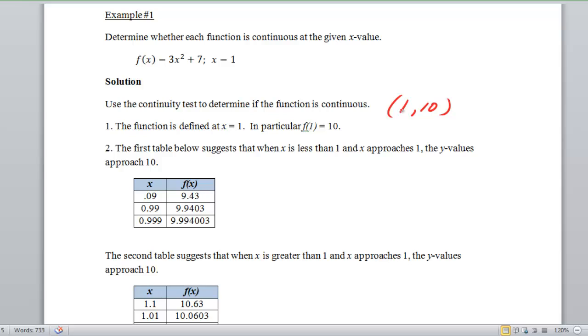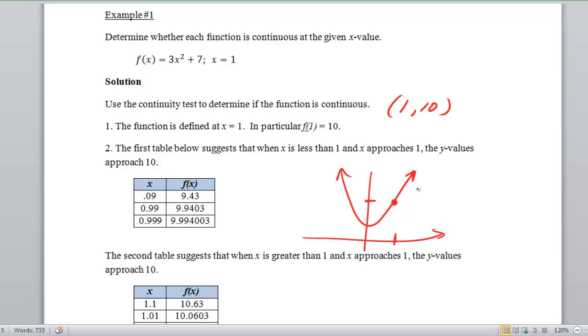Secondly, we have to determine if the function approaches the same y value from both the left and the right side. Let's just assume that this is our function, and at 1 we want to know if it approaches the same value from both sides.